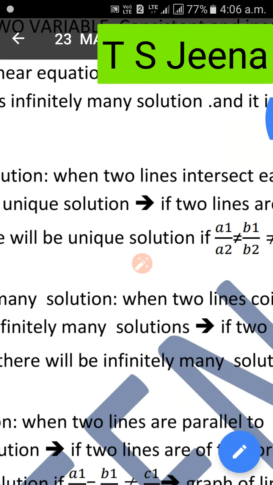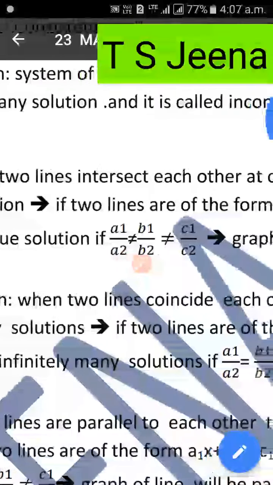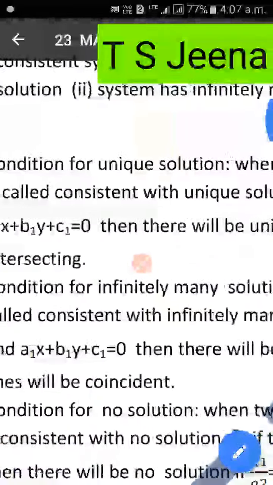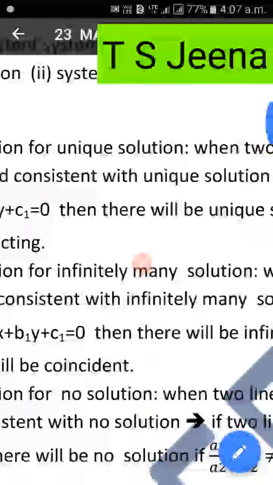There are two ways to check the unique solution. Once you draw the graph, if the lines of the graph are intersecting, then you see that there is a unique solution and the system is consistent.